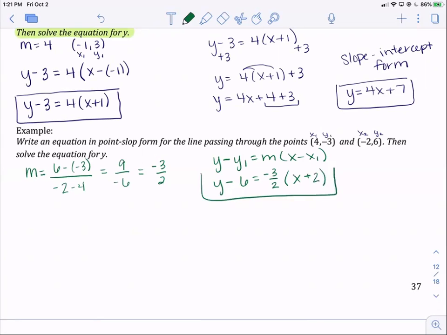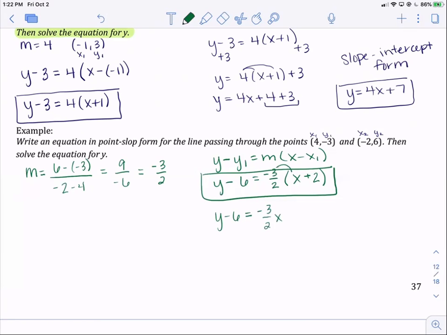So there's point slope form. How do we get into slope intercept form? We're solving for y. What do we have to get rid of? The parentheses. How do we get rid of the parentheses? Distribute. So y minus 6 equals -3 halves times x is -3 halves x.